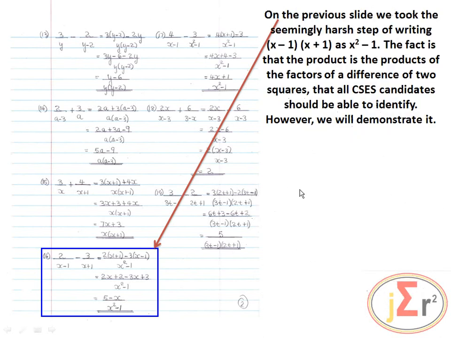On the previous slide, we took this seemingly harsh step of writing x minus 1, x plus 1 as x squared minus 1. The fact is that the product is the product of the factors of a difference of two squares.